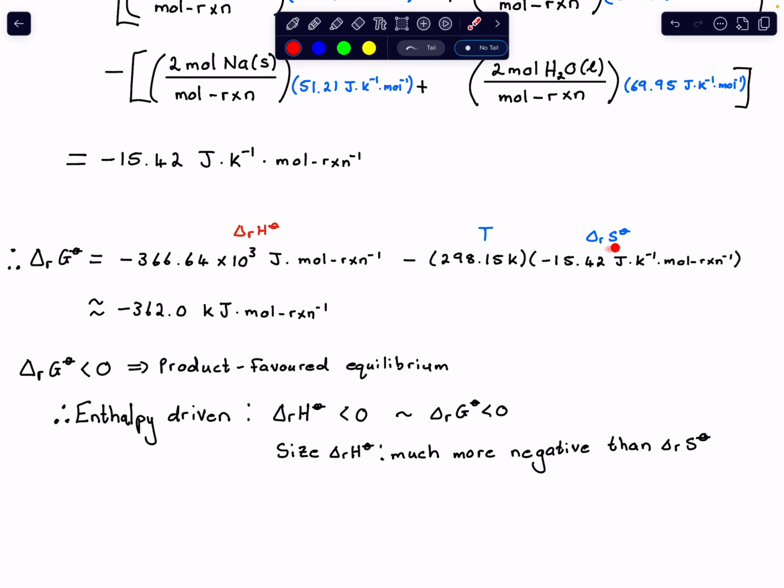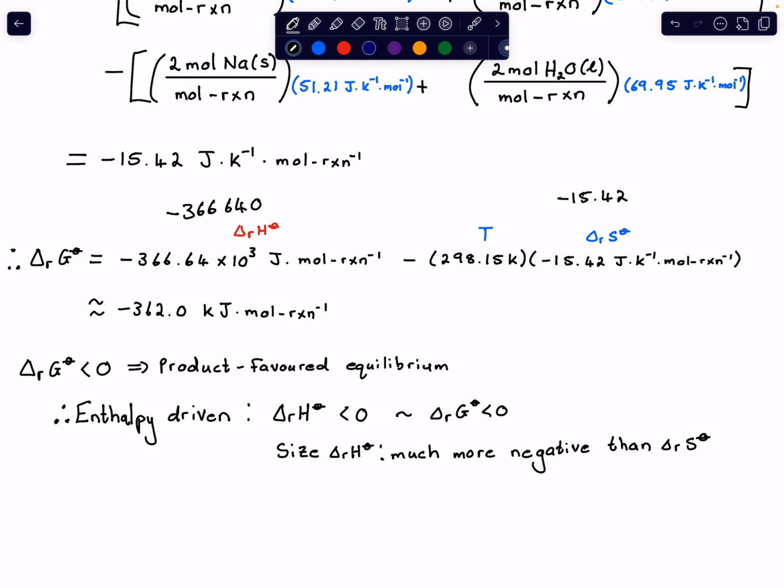And overall, the entropy is a very small value, almost zero in comparison to the enthalpy. Because what's this? Minus 366, and then you multiply by 10 to the power 3, so it becomes minus 366,640, and the entropy is minus 15.42.